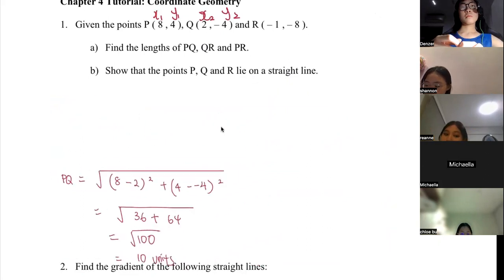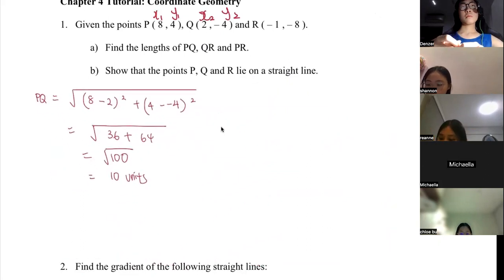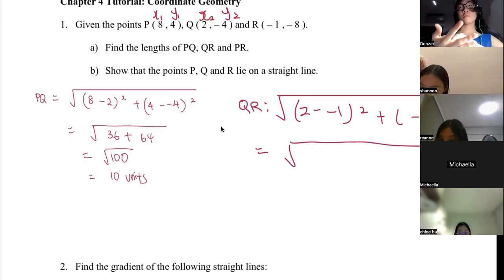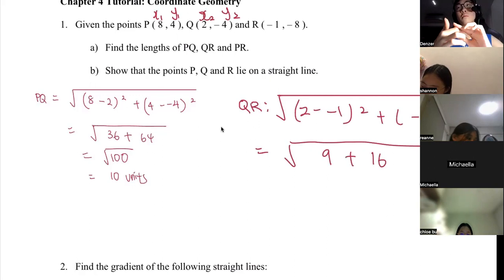And then for QR, same thing. X1 minus X2 square plus Y1 minus Y2 square. So just do it in your mind. 2 plus 1 is 3, 3 square is 9. Minus 4 plus 8 is a positive 4, so this is 16.